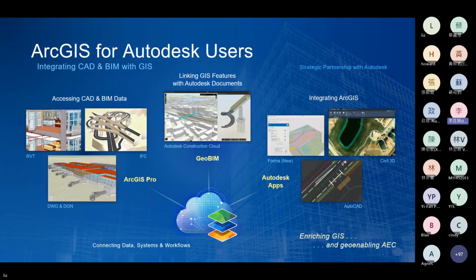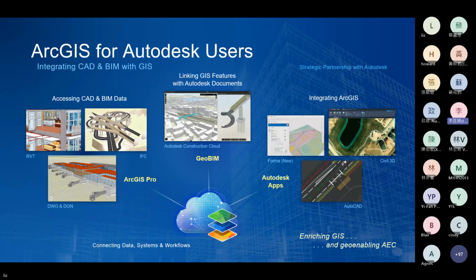We also have a very strong strategic partnership with Autodesk Corporation. Integrating CAD and BIM with GIS results in connecting stakeholders in industries like AEC and transportation. These integrations involve connecting data, systems, and workflows to allow users to directly access CAD and BIM files for analysis, visualization, and sharing.